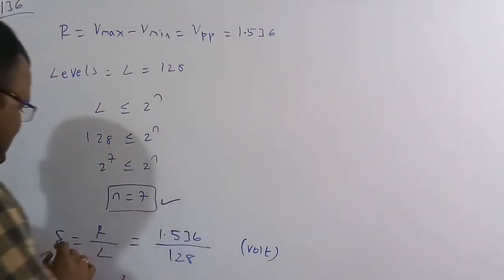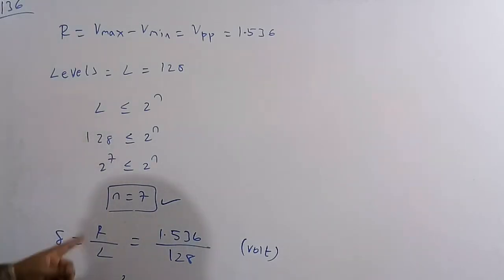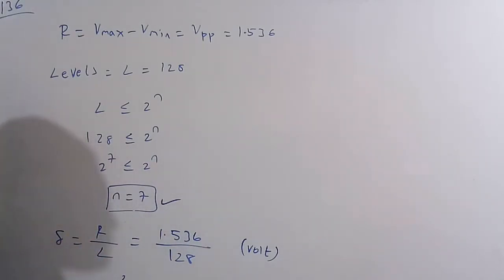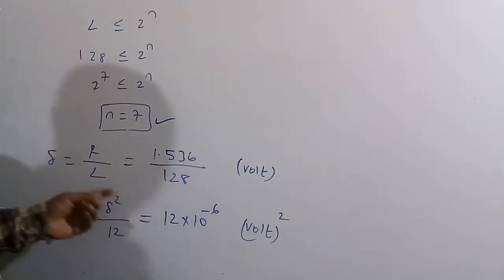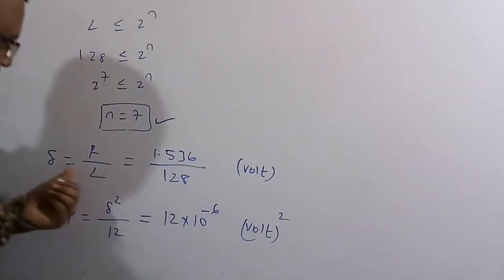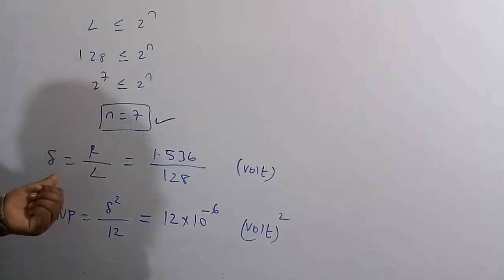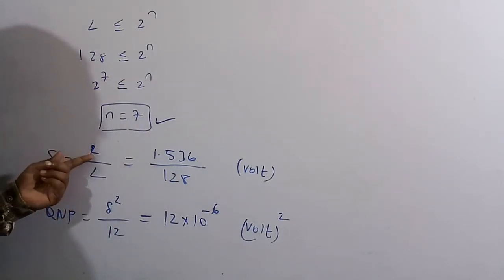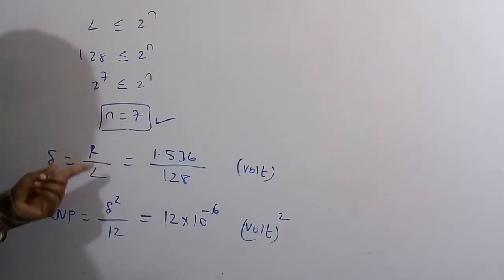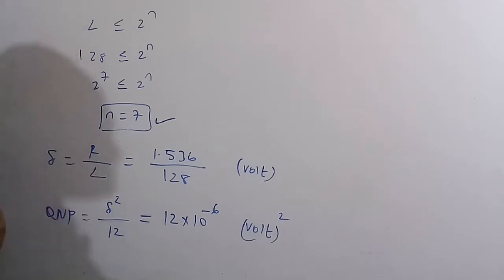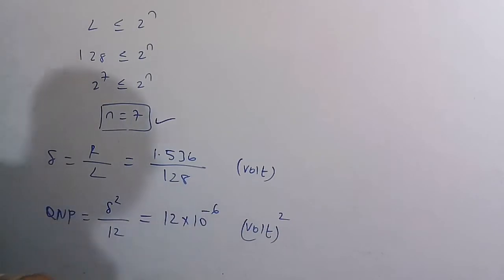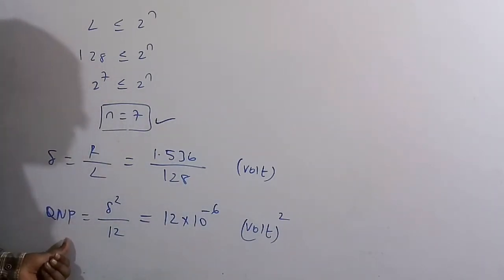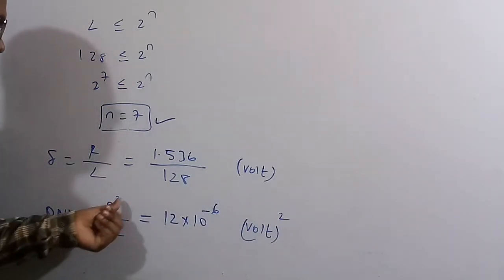Here delta is called the step size, which is R by L, range divided by the total number of levels. The range value we know is 1.536, and the number of levels is 128. The unit of the range is volt and L is unitless, so the unit of delta is volt. For the quantization noise power, the formula just discussed is delta square by 12.